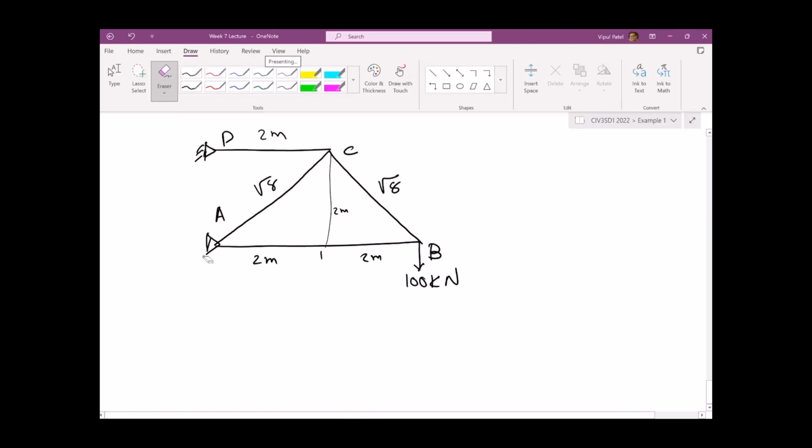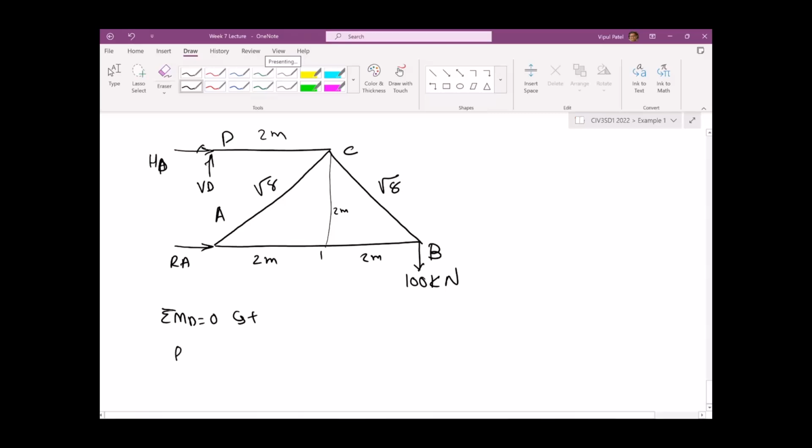So let's work it out here. Let's redraw these supports. Let's say this is RA and this is the pin support, HD and VD. Let's take the sum of the moment at point D equal to 0, anti-clockwise positive.